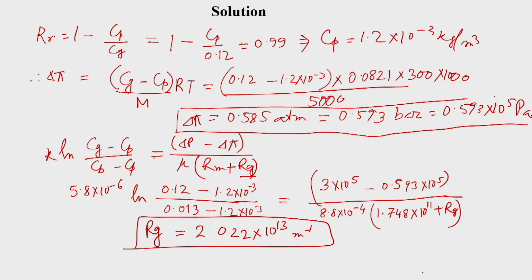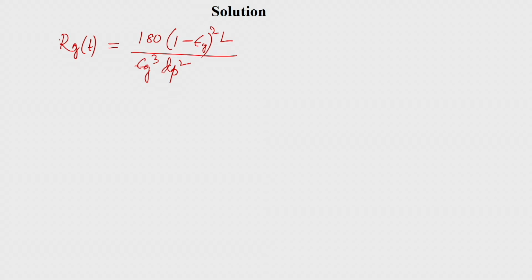Now, using this, we can use the Kozeny-Carman equation. From the Kozeny-Carman equation, we have Rg as a function of time, that is 180 into 1 minus epsilon g to the power 2 into L, where L is the thickness, by epsilon g cube, that is for the gel, and dp square, the particle size of the gel, squared.